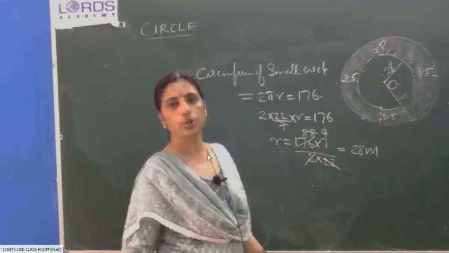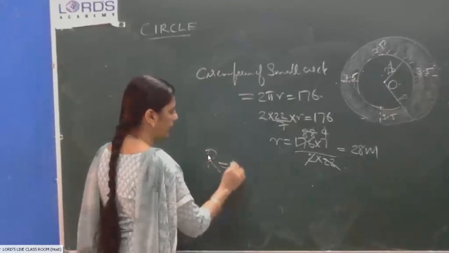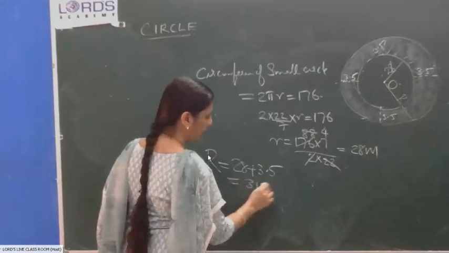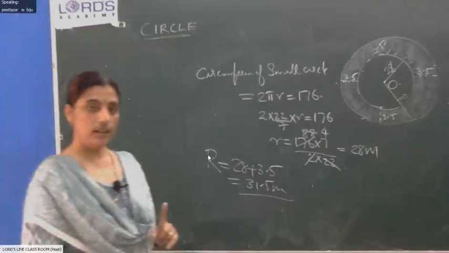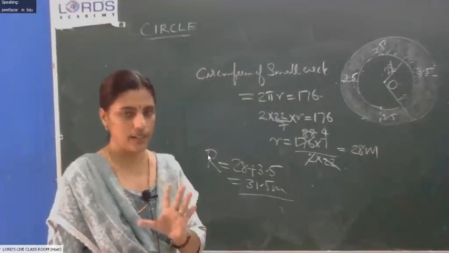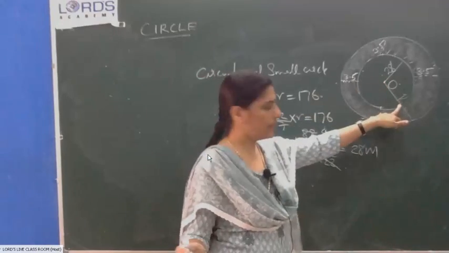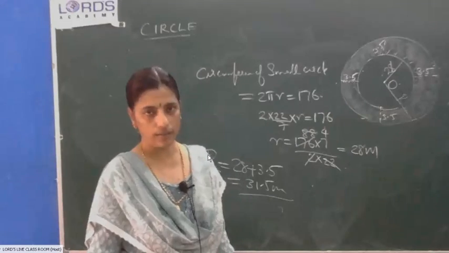So capital R equal to 28 plus 3.5, 31.5 meter. Capital R is the radius of the big circle. That's understood. Usually we were taking like that. So you will get the big R.